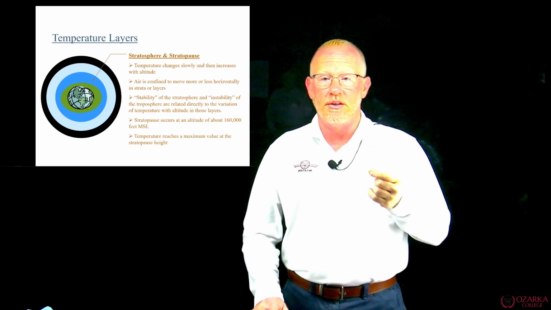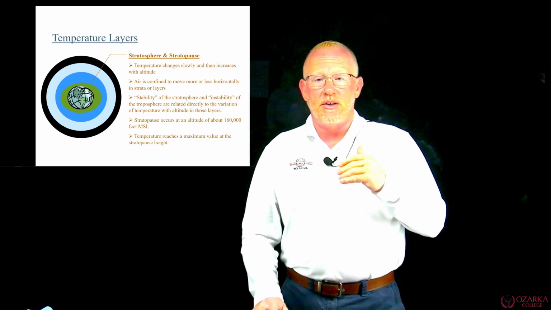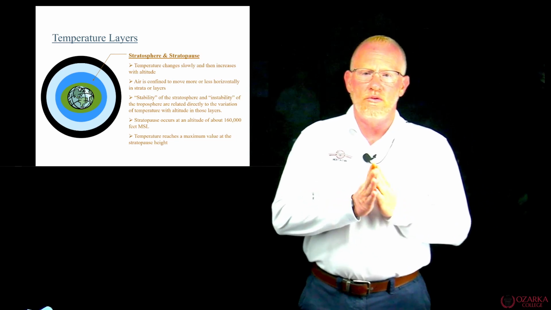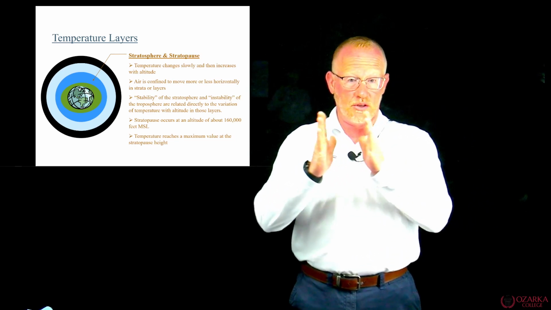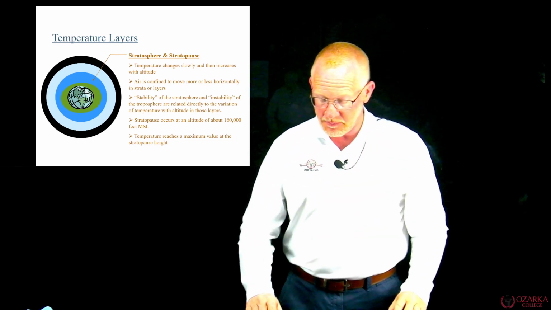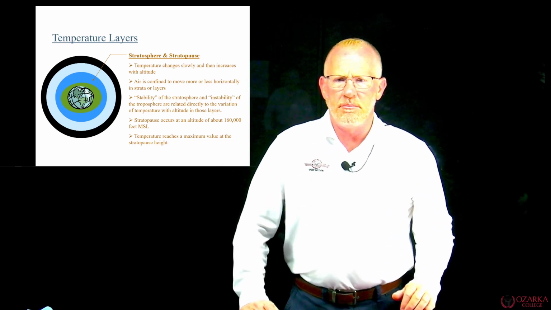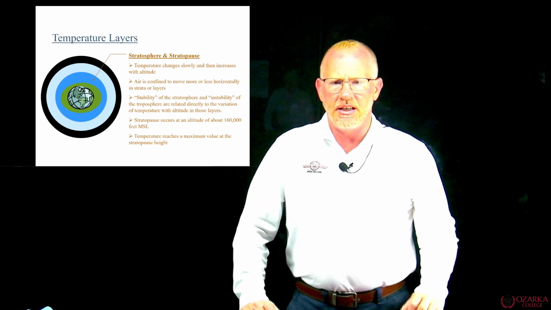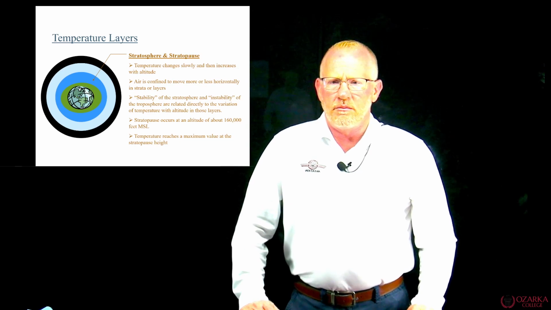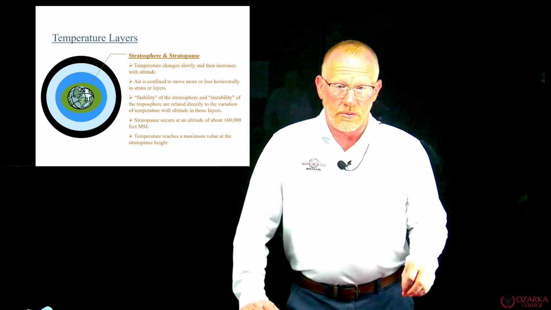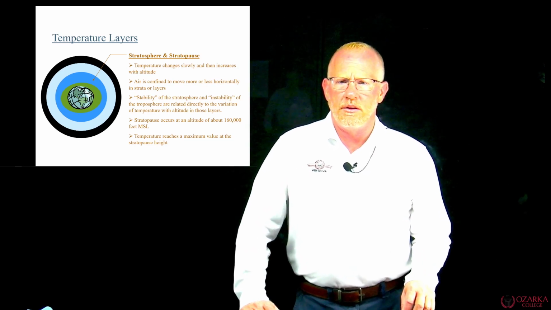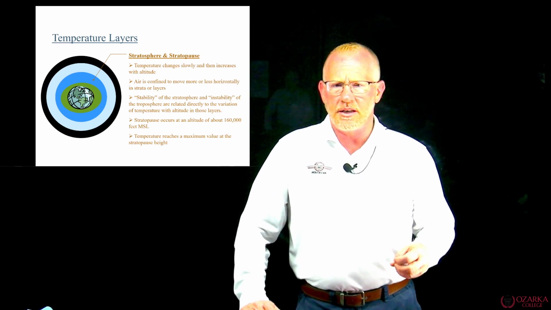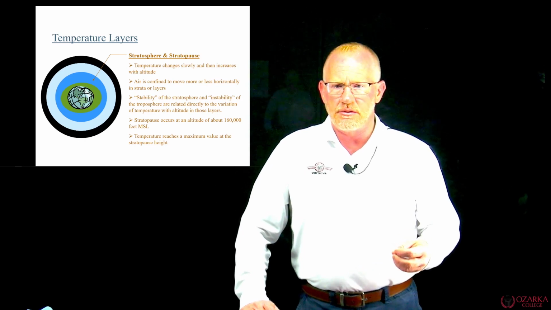So you need to remember this. Now in the stratosphere, air is confined to move more or less horizontally, not vertically. Okay? Now, stability of the atmosphere and instability of the troposphere are more directly related to the variation of temperature with altitude in these layers.